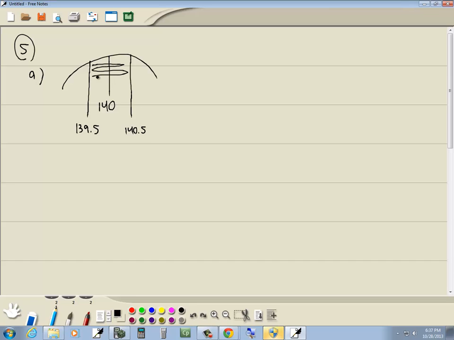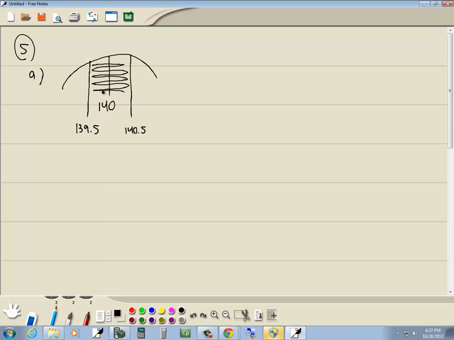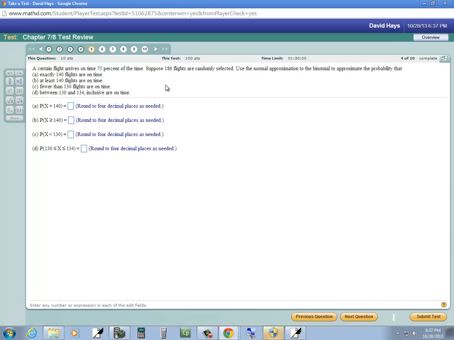Then you shade what's in between them. The idea behind it is if your wording includes the number, see how exactly 140 includes 140? So if your wording includes a number, the shading should include the number. Now this will be normal CDF, comma, our low value with the 0.5 correction, so 139.5, our high value with the 0.5 correction, and then we're going to have n times p.